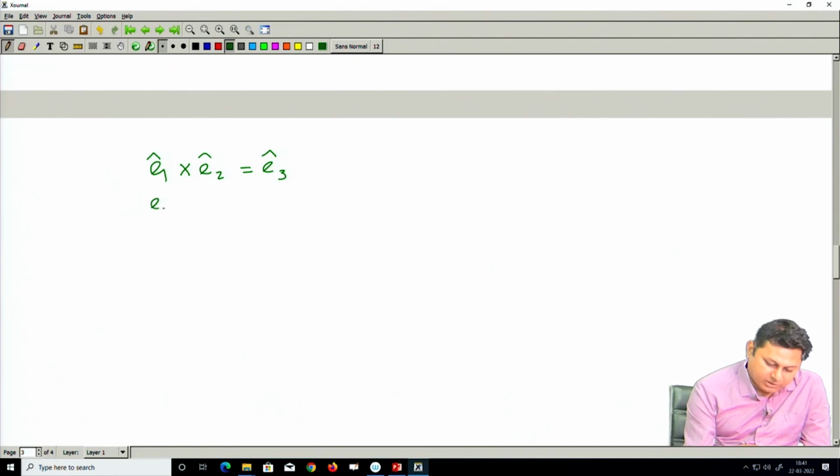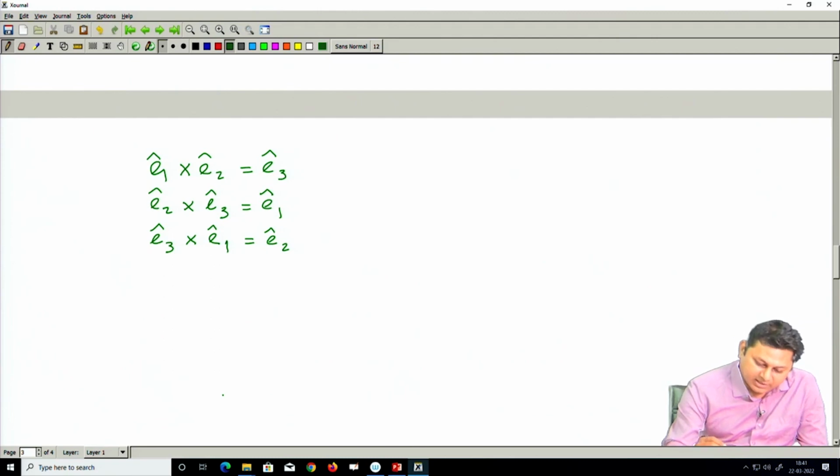If I have E2 cross E3, it should be E1, and if I have E3 cross E1, it should be E2. So, they are following a cyclic rule, and that rule is like this.